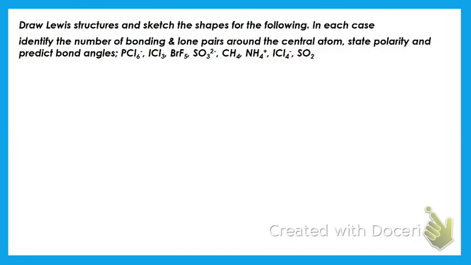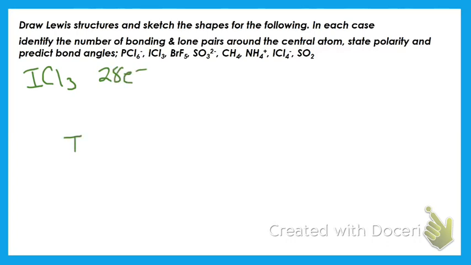So we are going to do ICl3, because I'm trying to pick the shapes that I know are going to look a little bit different for you, so we can go through those. So ICl3, how many valence electrons do I have total? 28. Okay.